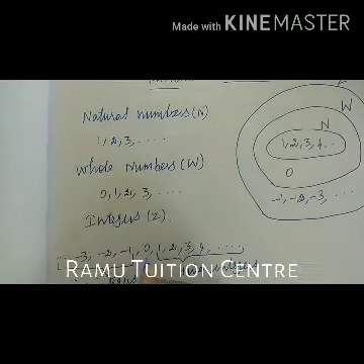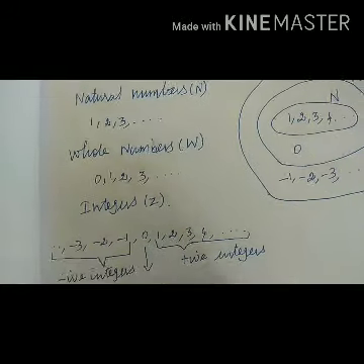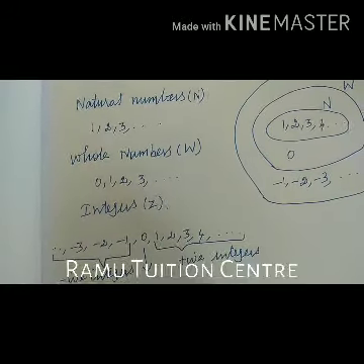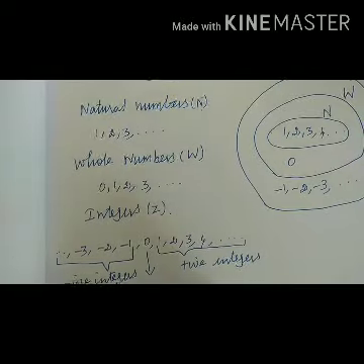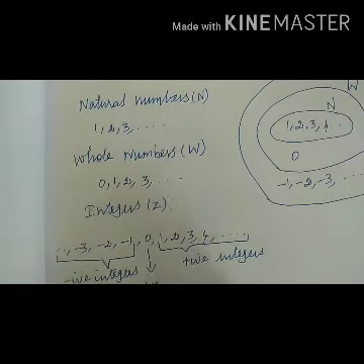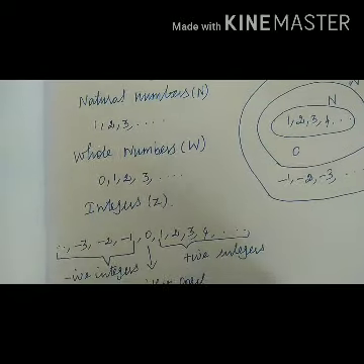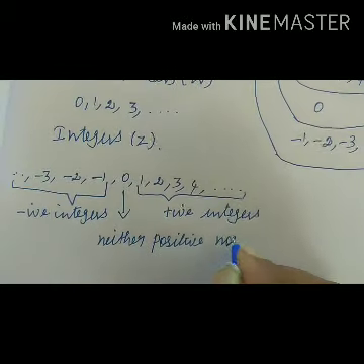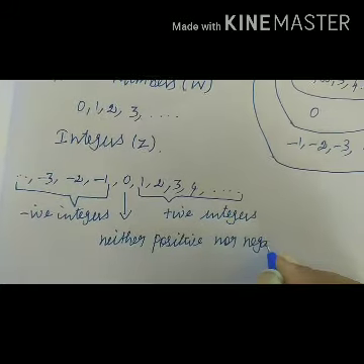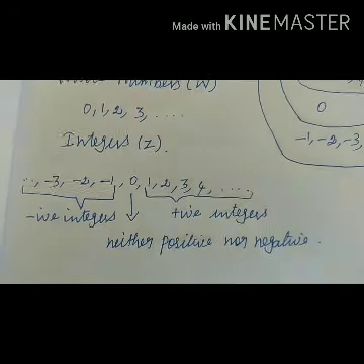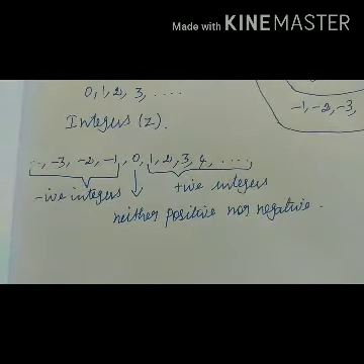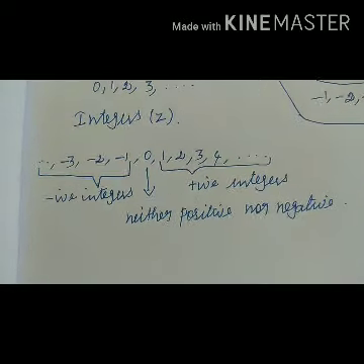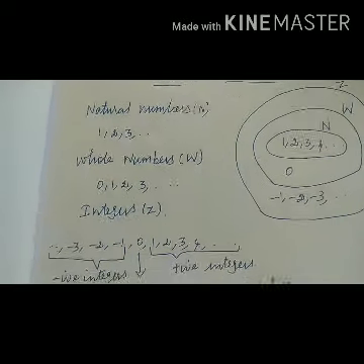Okay, the mid value 0 is neither positive nor negative. Now we are going to learn about rational numbers.